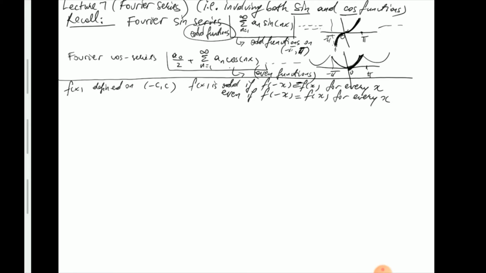We need to take a symmetric interval because we need the function to be defined at both x and minus x, so at both sides of the origin, basically.